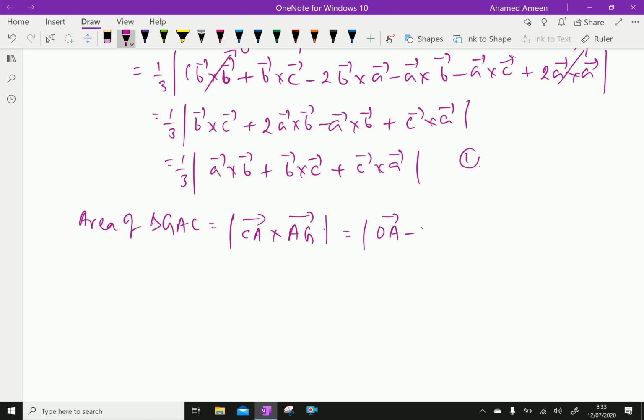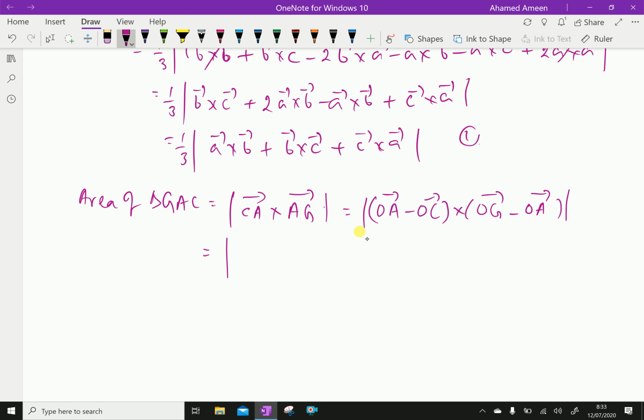OA minus OC into OG minus vector OA, equal to vector A cross vector C into (vector A plus vector B plus vector C by 3 minus vector A).